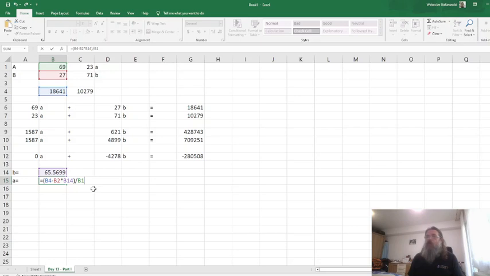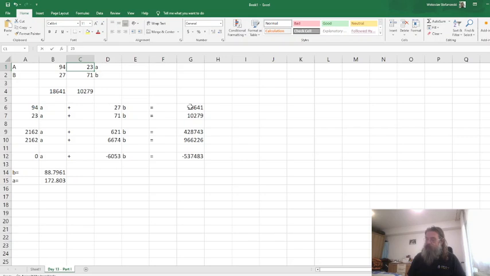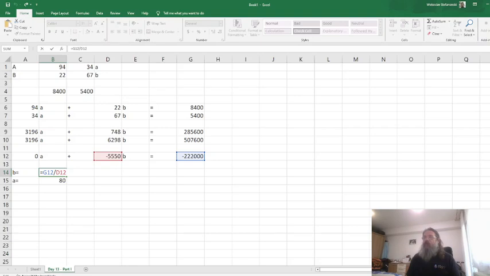For A, only the B14 needs to be changed. I will revert to the first example because that gave me nice numbers, so I know that if I mess something up, I won't be getting nice numbers. 22, 67, 840, 8400, 5400. Yeah, we got 40 and 8. So let's see. We have G12. Instead of G12, we're just going to say this.